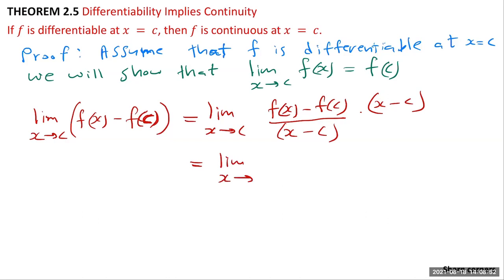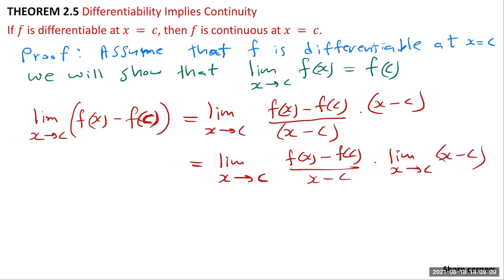All right, let's find the limit. The limit as x approaches c of f of x minus f of c divided by x minus c, times the limit as x approaches c of x minus c. Now, what is this limit?